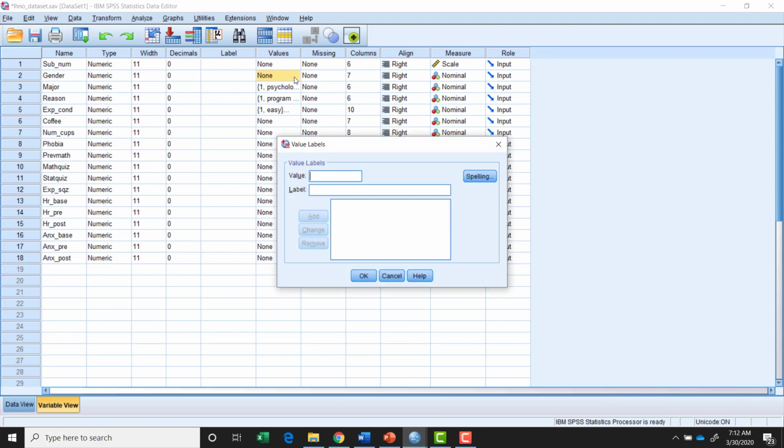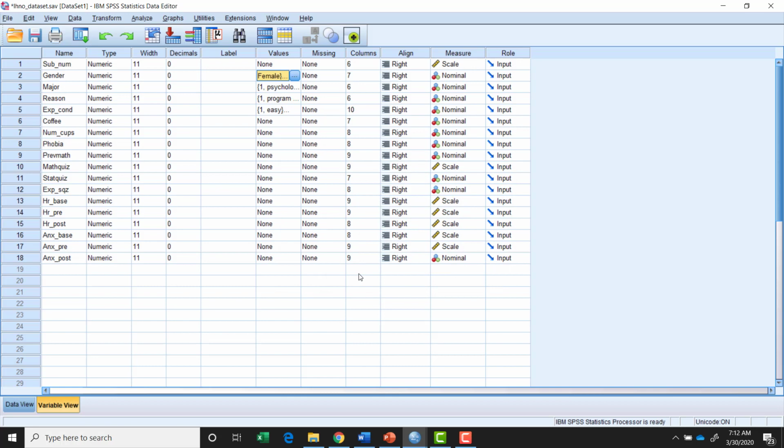Okay, so we have the gender here. We're going to click in the value of 1, and we're going to give it a label of female. Then we're going to add, and the value of 2, we're going to add male, add, and then click OK. As simple as that.